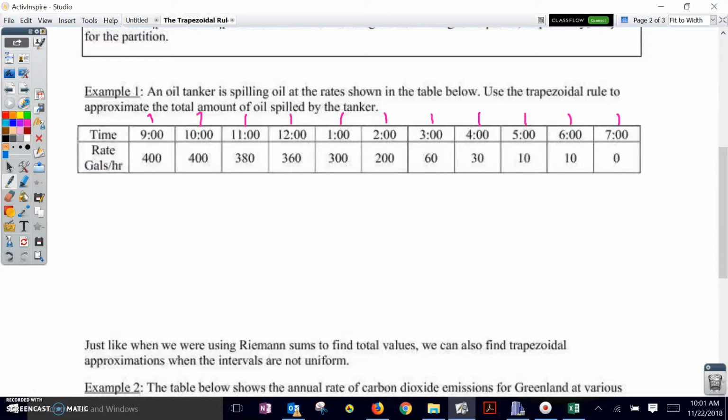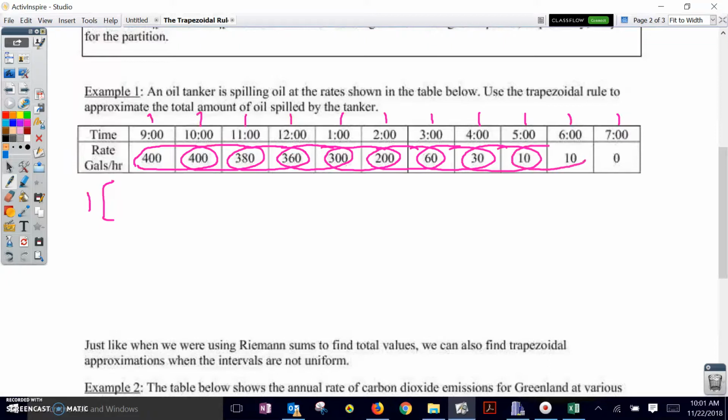And so when I have a uniform trapezoidal width, I can just bring that trapezoidal width out in front. Then when I'm building these trapezoids, I'm taking the average of the first two measurements, and the average of the next two measurements, and so on.